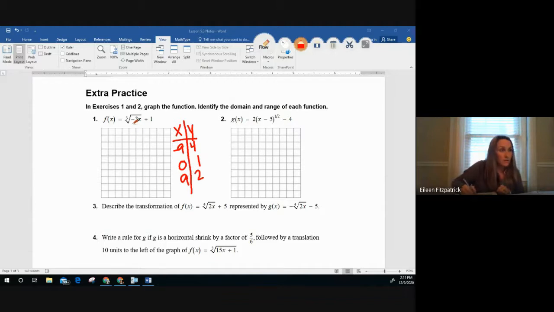All right, so when I make my x and y axis, since on my x-axis I have to go out to 9, both right and left, I'm going to have to change my scale. Okay, maybe I count, let's see, 2, 4, 6, 8. Yeah, if I count by 2s, it'll work. 2, 4, 6, 8, 10.